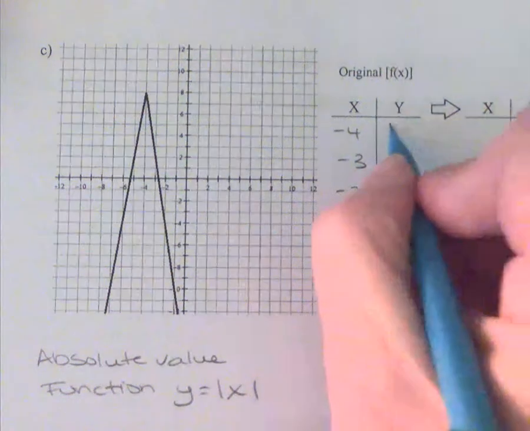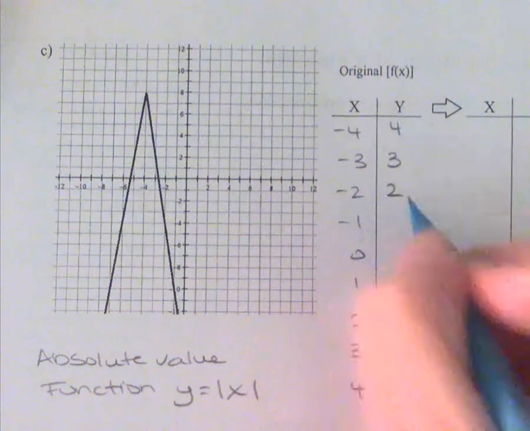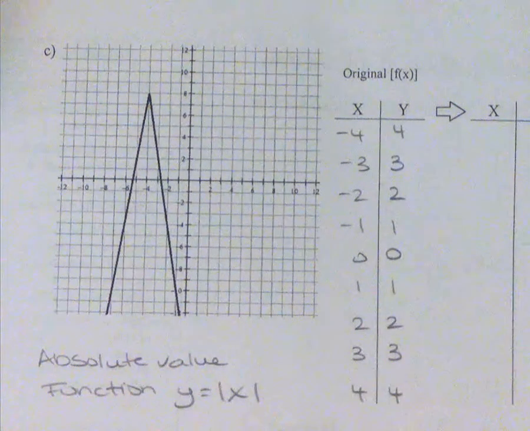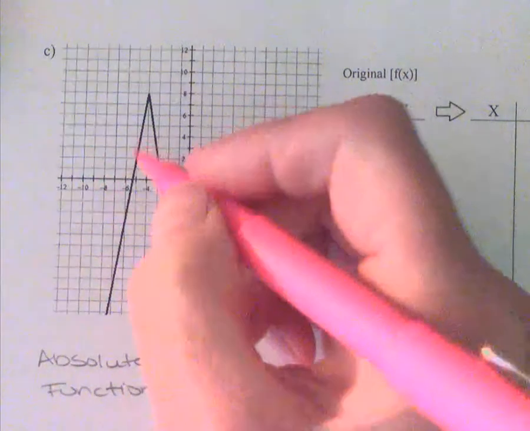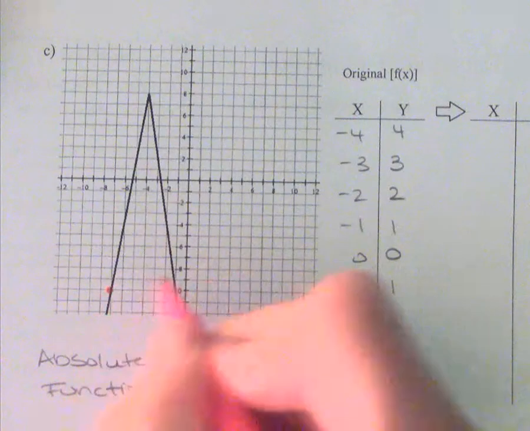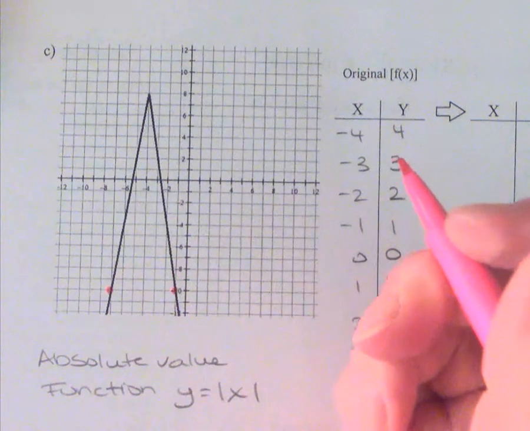So the absolute value of -4 is 4, of -3 is 3. We get 2, 1, 0, 1, 2, 3, 4. Now what I want to do is plot values on the transform graph. Okay, so I have a value there and there.